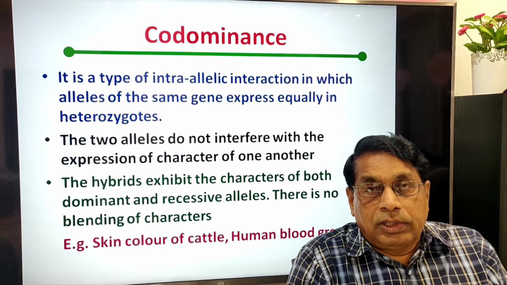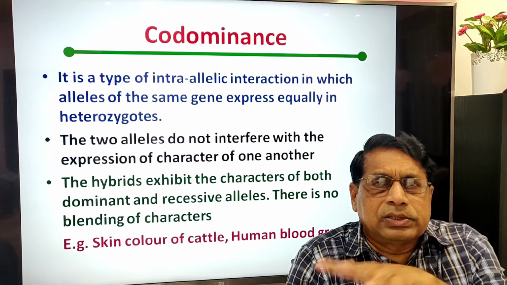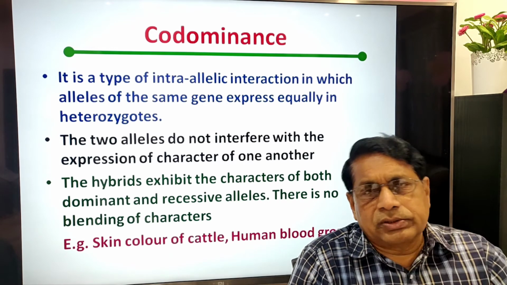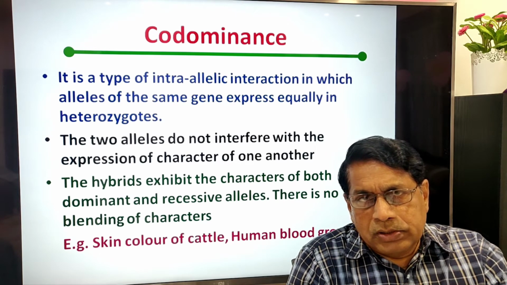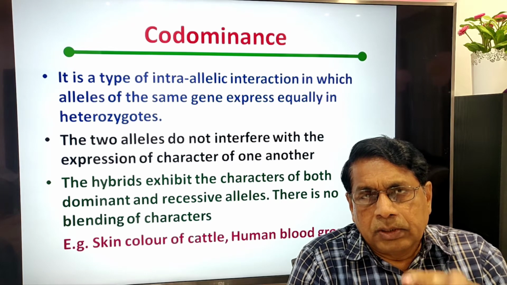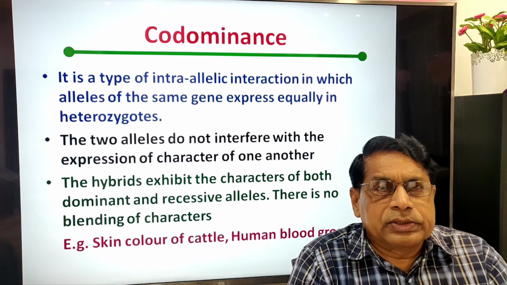Now, let us take dominance. One is completely dominant, another is recessive. That character doesn't appear in the F1 generation. In incomplete dominance, dominance is there but incomplete. The pink colored flowered plants appeared.